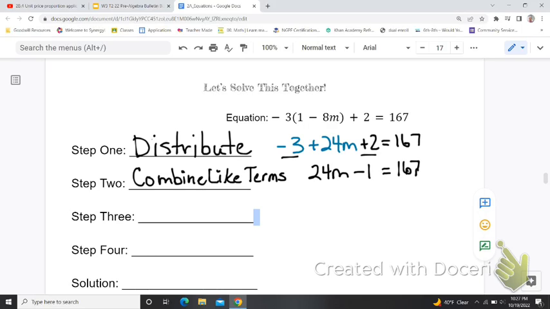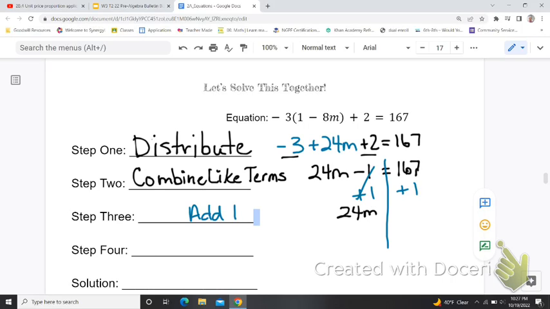What you'll notice now, or hopefully should notice, is this now looks like your two-step equations that we've already done. Now we can add 1, so we're undoing that subtraction by adding, or you might think of the 1 moving to the other side, and when it crosses the line it changes its sign.